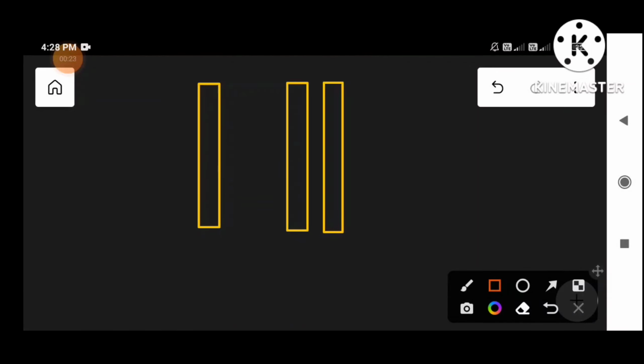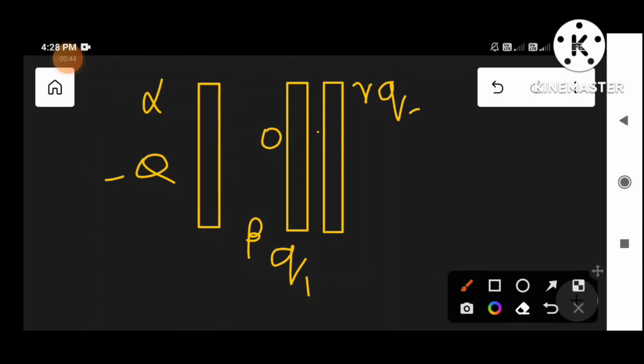I'm drawing it like this to make point O clearly visible. This is alpha, this is beta, this is gamma, and let us say when they are in contact, charges have redistributed, and momentarily beta gets this charge q1, alpha has that same charge capital minus Q, and gamma has the charge q2.